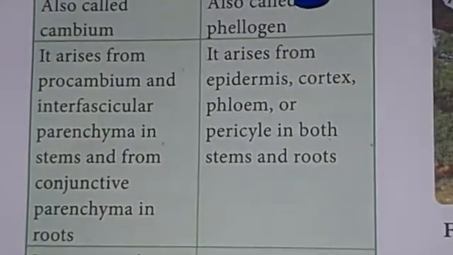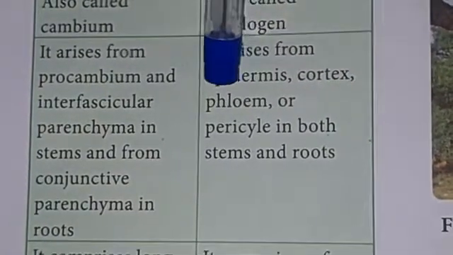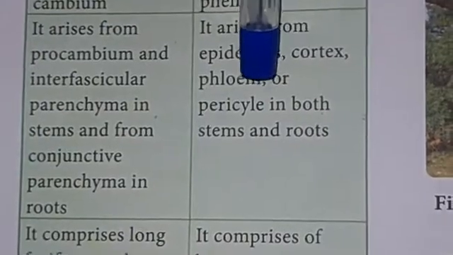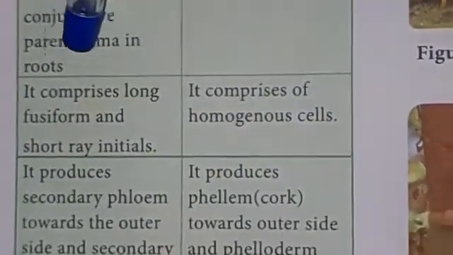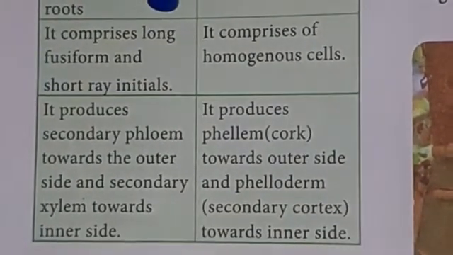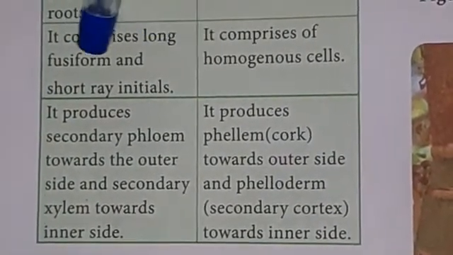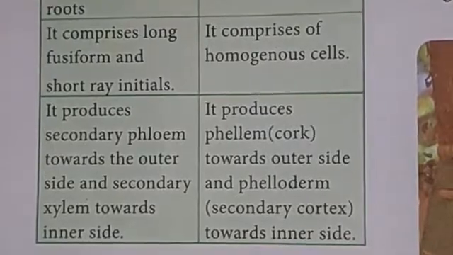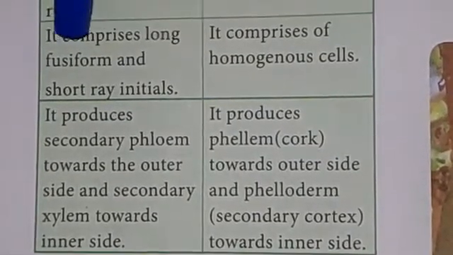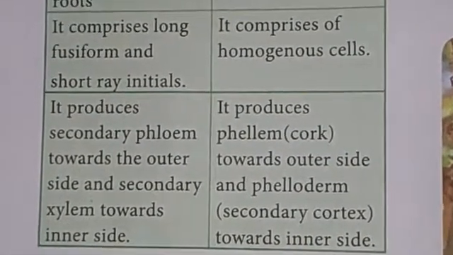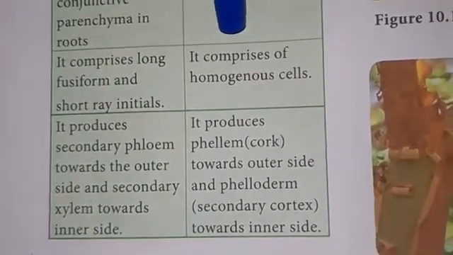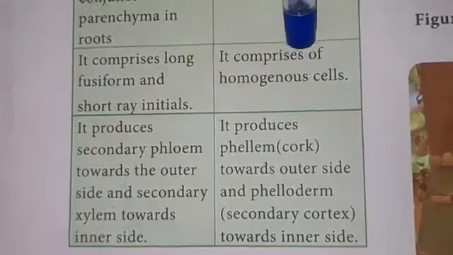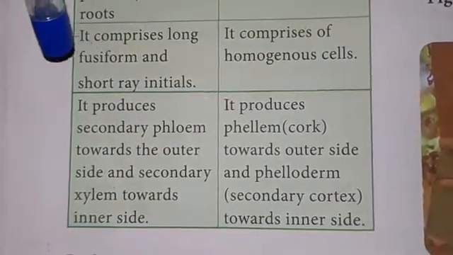Phellogen arises from epidermis, cortex, phloem or pericycle in both stem and root. Vascular cambium consists of long fusiform and short ray initials, whereas cork cambium comprises only homogeneous cells, similar type of cells, mostly parenchymatous.